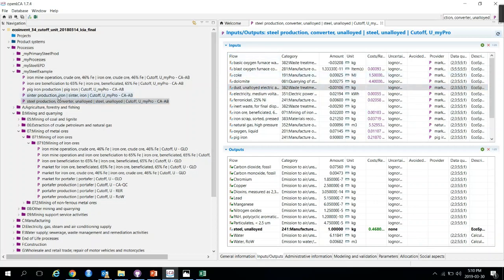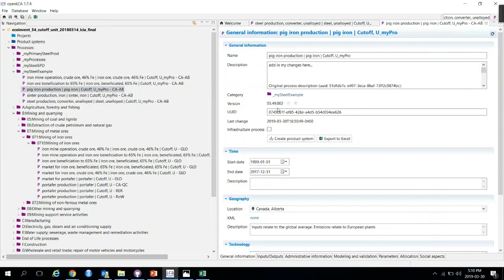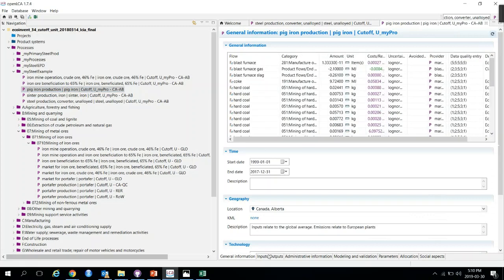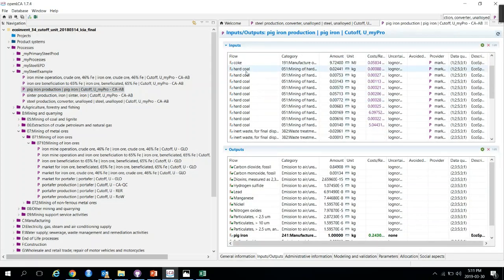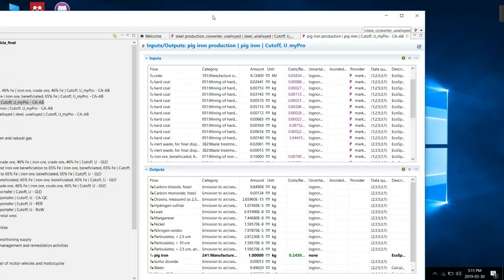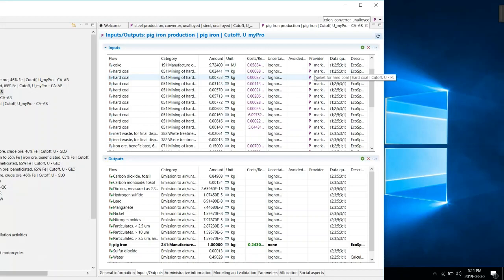It's not so apparent here, but for other processes it might be more apparent. We did change some of that, but here's an example where there's a lot of hard coal input, and we know that our coal is probably coming from quite a local source, whereas here it's coming from many different sources. We have Poland, rest of the world, Russia, China, Australia.